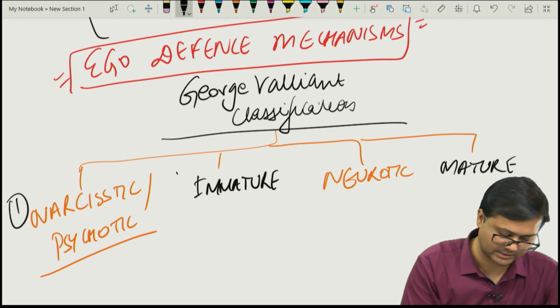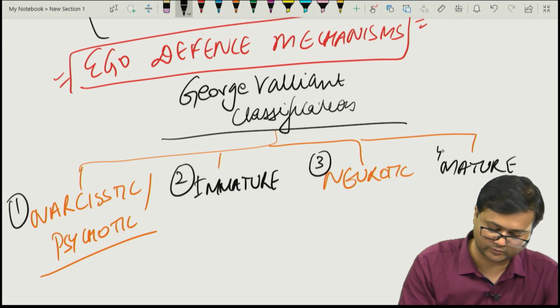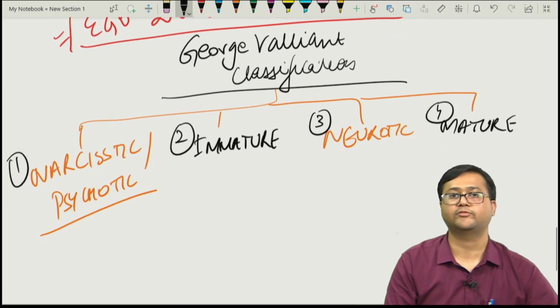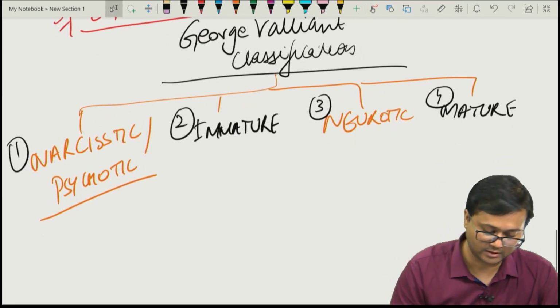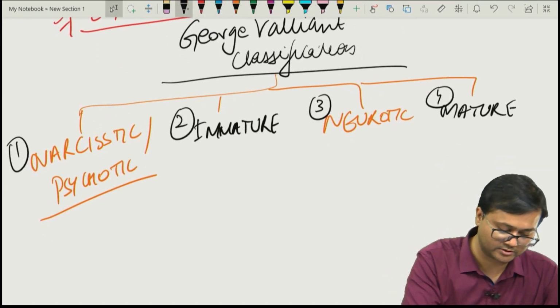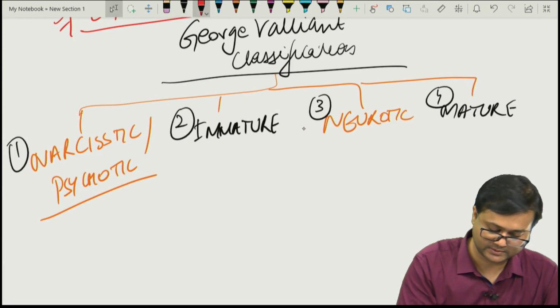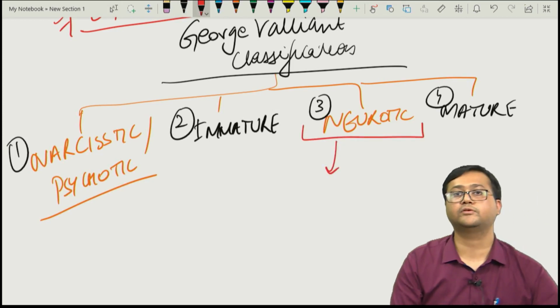So, these are the 4 categories into which the defense mechanisms have been classified. Now, intellectualization is basically a neurotic defense mechanism.